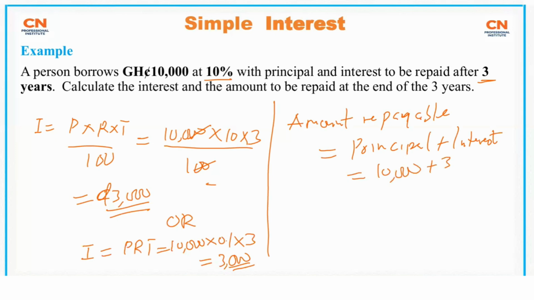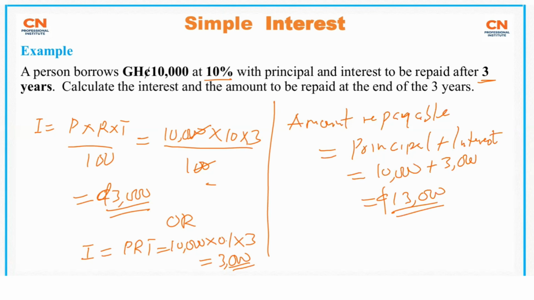Interest is 3,000. So together we have 13,000. All right, let me add the Ghana cedi here. So this is how we go about it. Just know that the amount repayable at the end of the period will be the principal you've borrowed plus the interest. So the difference between the principal and the amount you are repaying is the interest.